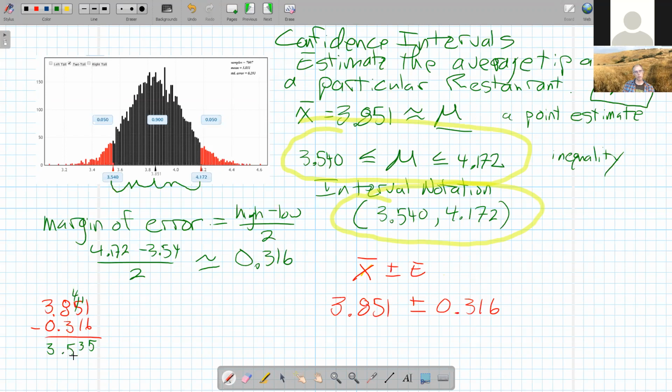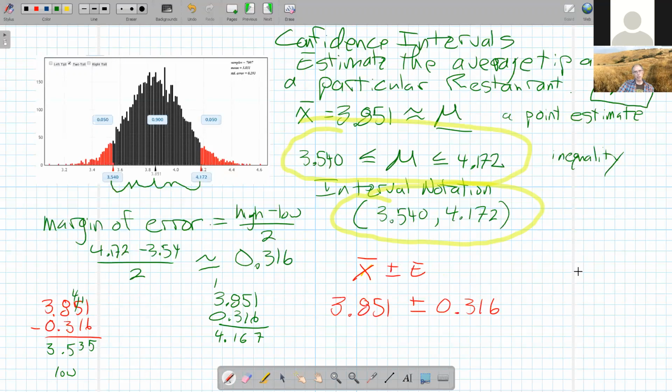Okay, so we get about 3.54, which is what that says right there on the low end. If I add the margin of error to the mean, adding, we get 4.167, which is relatively close. These are never going to come out perfect because they're computer simulations. Notice that graph is a little funky, and that's okay. It's not perfect. It's always a little wonky.